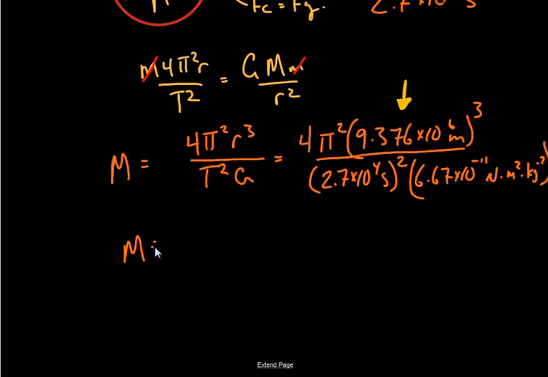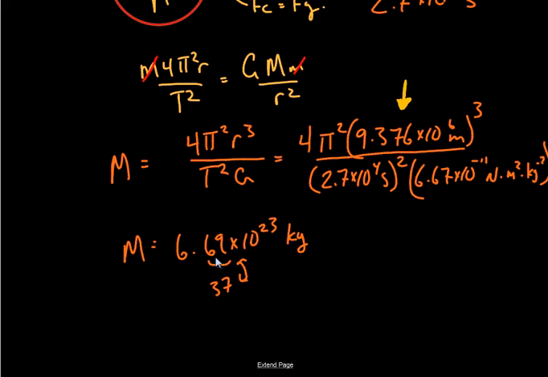So the mass for Mars that you get when you solve for this, I got about 6.69 times 10 to the 23 kilograms, and my literature value for that is actually 0.37. So I mean, it's in the ballpark, right? We're in the correct order of magnitude. We're just off by a little bit of mass.